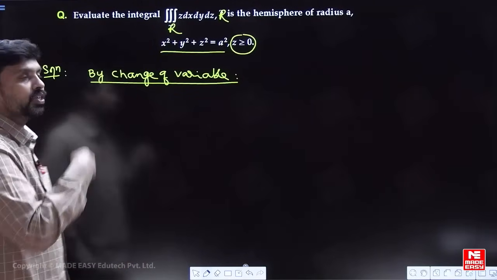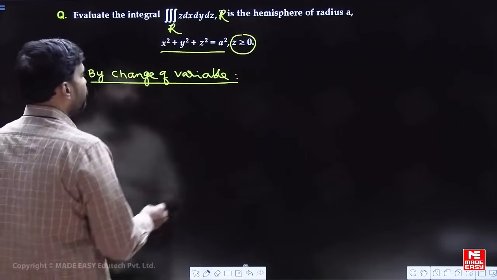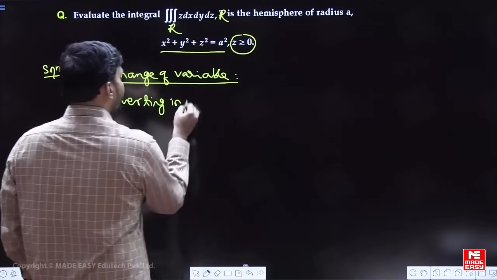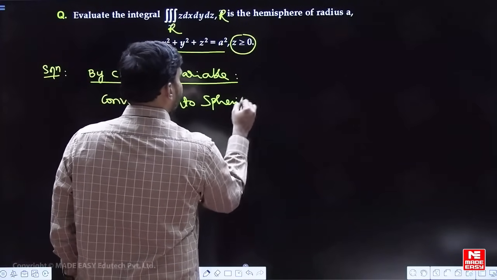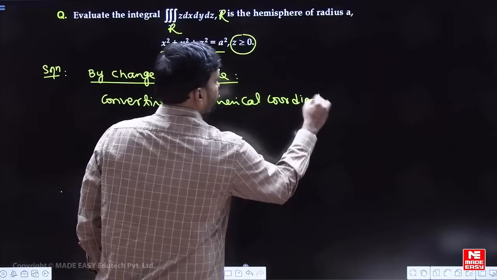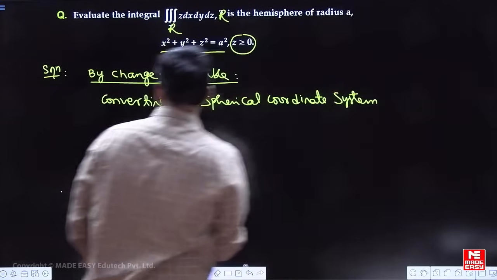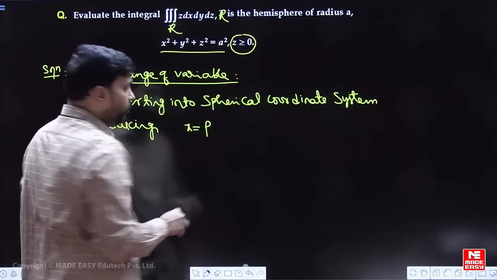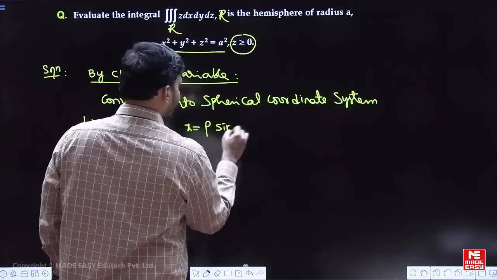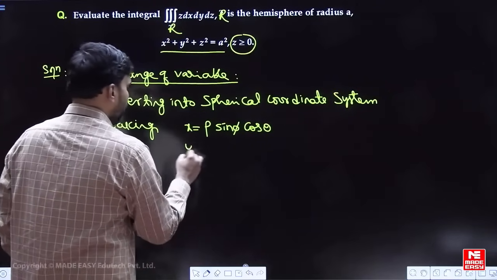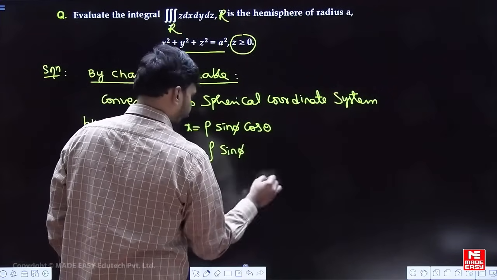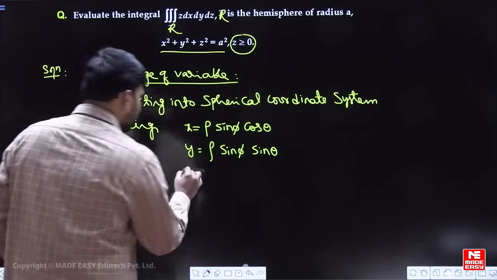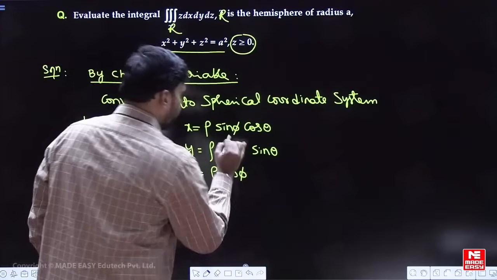So now converting into the spherical coordinate system by taking x equal to rho sin phi cos theta, y equal to rho sin phi sin theta, and z equal to rho cos phi.